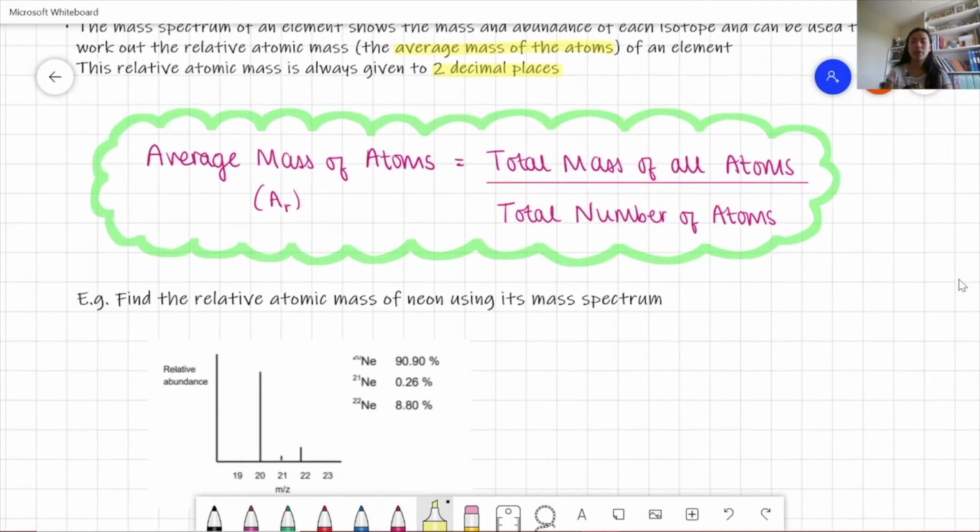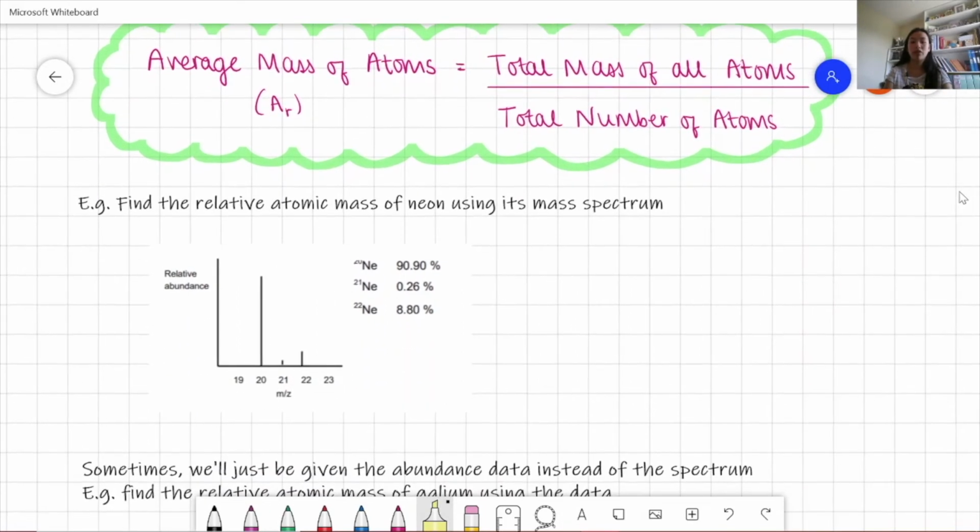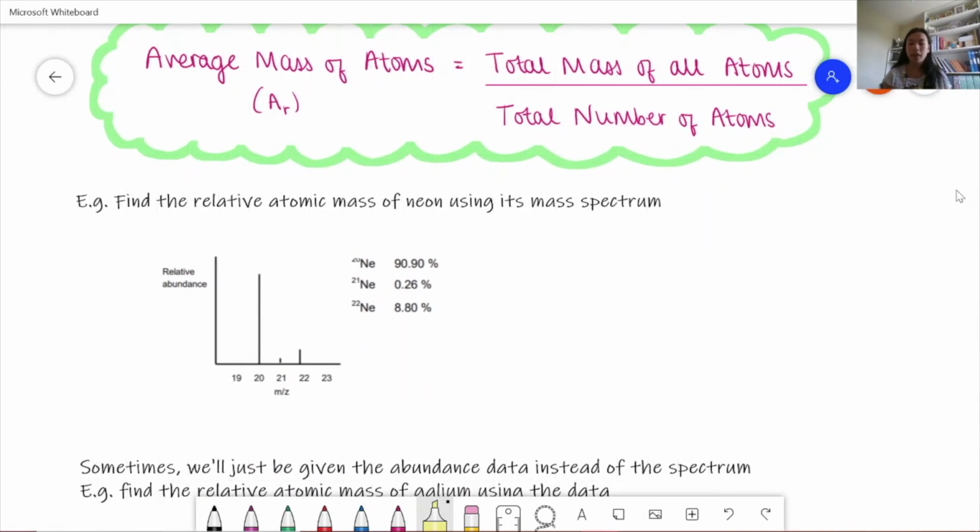So for example, find the relative atomic mass of neon using its mass spectrum. So we have that the average mass of atoms, which is equal to the relative atomic mass, which we label Ar, is equal to the total mass of all the atoms divided by the total number of atoms.